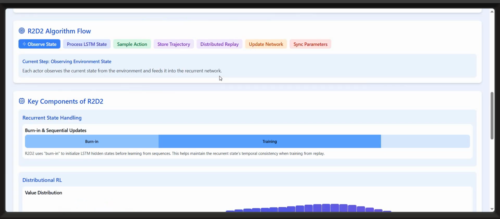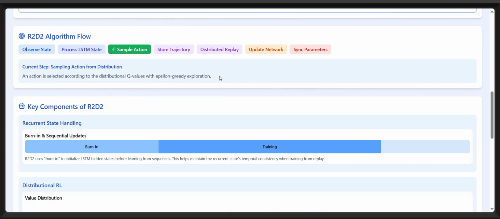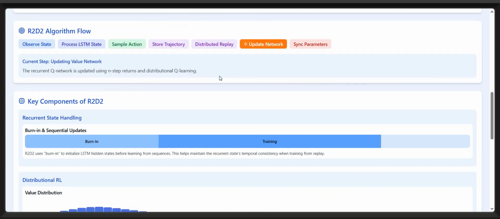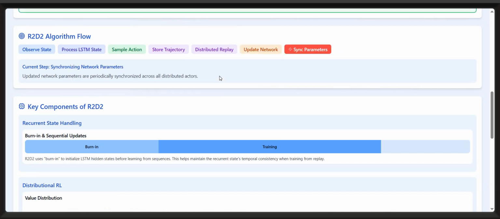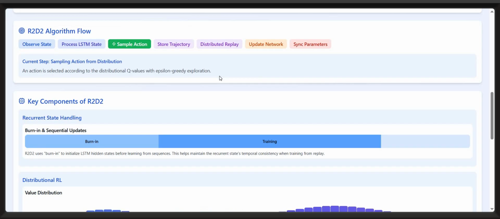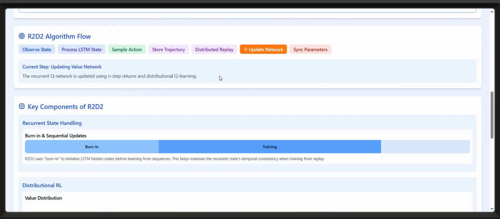Once a batch is sampled, the learner updates the Q network, and it uses these stored trajectories and updates the weights of the network through backpropagation. And finally, the new parameters are synced back to all the actors so that they are using the most recent version of the model.